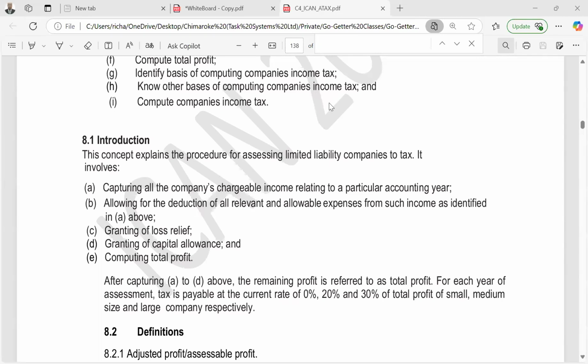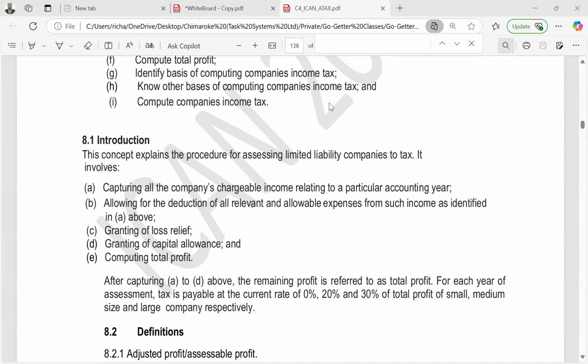Then he's going to get something called a profit. But the accounting profit is the net profit, which is different from the profit of the tax man. And so the tax man calls his own assessable profit.